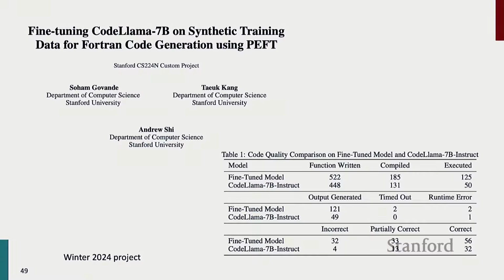They were able to show that they could use parameter-efficient fine-tuning to improve Code Llama for producing Fortran. Now, where was the natural language? Code has natural language comments in it, and the comments can be useful for explaining what you want the code to do. And so it was effectively doing translation from a human language explanation of what the code was meant to do into pieces of code.